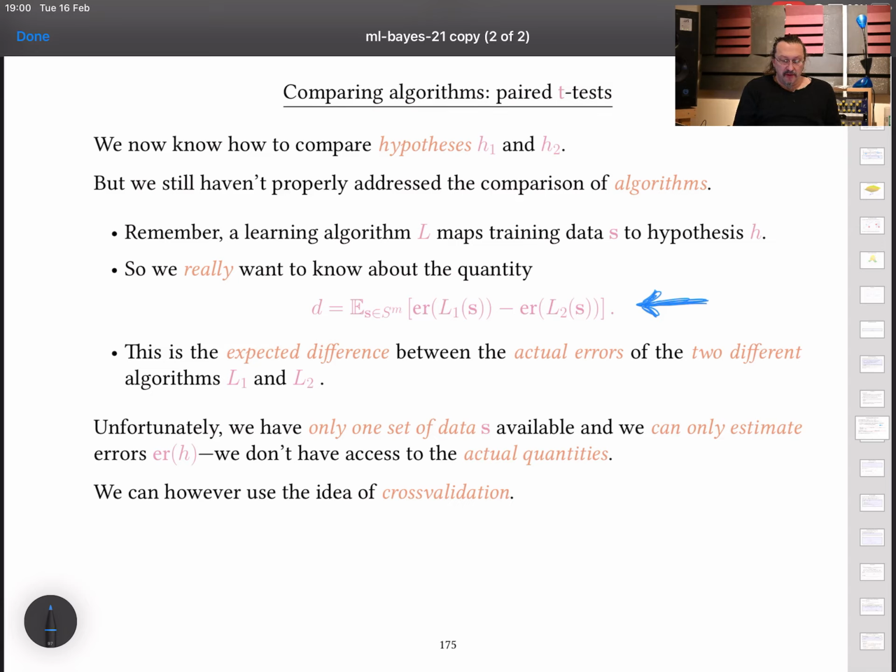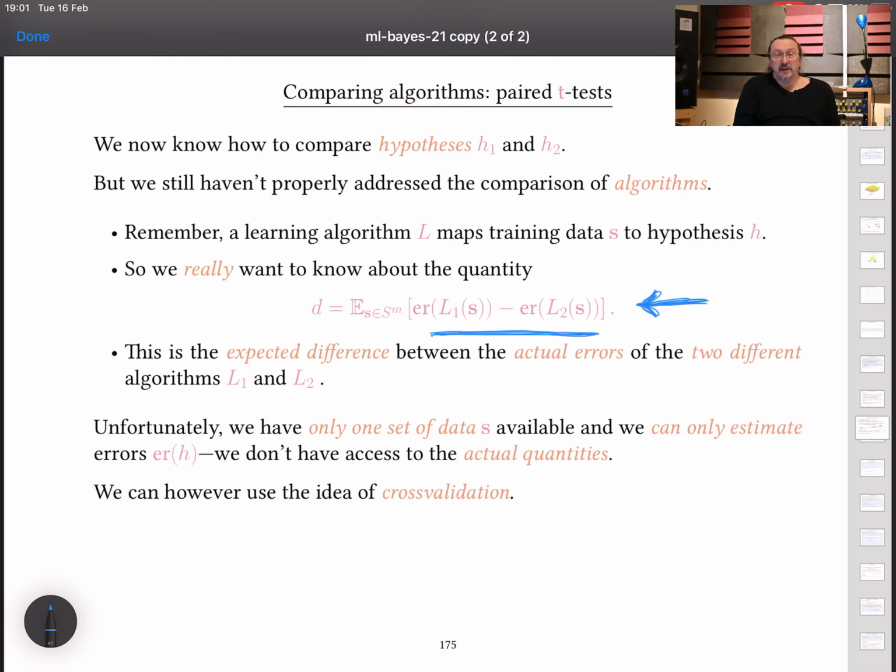Previously, we were talking about this difference, but with H1 and H2 plugged into the actual error probability. Now, this difference depends on the training set, and we're interested in its expected value.